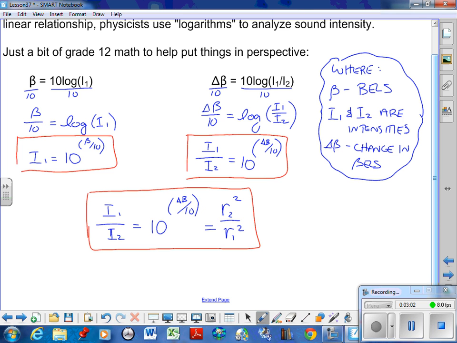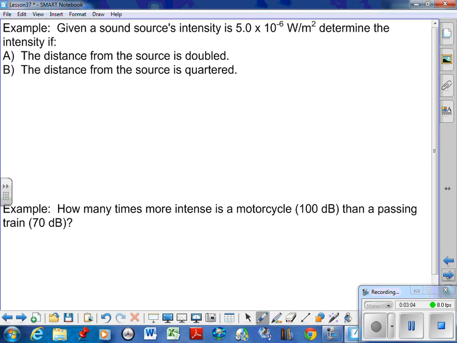So some examples. Given a sound source's intensity is 5 times 10 to the negative 6 watts per meter squared, determine the intensity if the distance from the source is doubled. So right away, we're talking about intensity, and we are talking about doubling the distance. So we want to determine the new intensity.